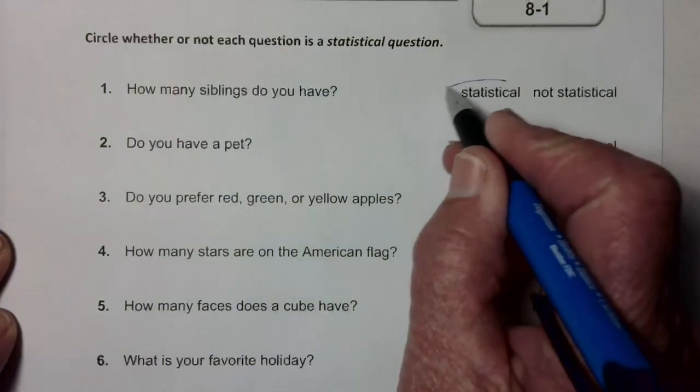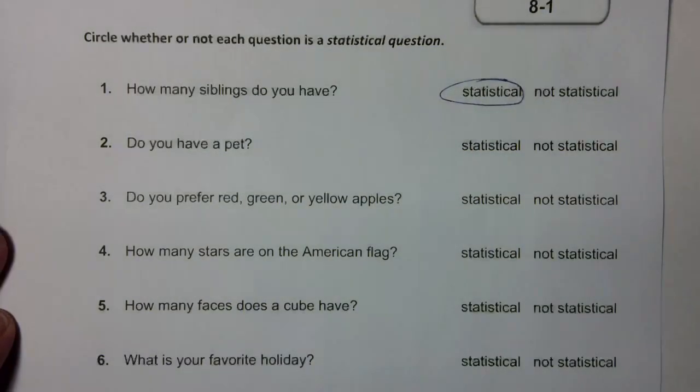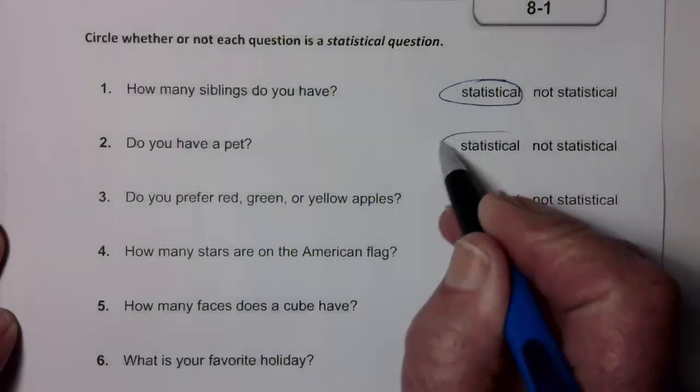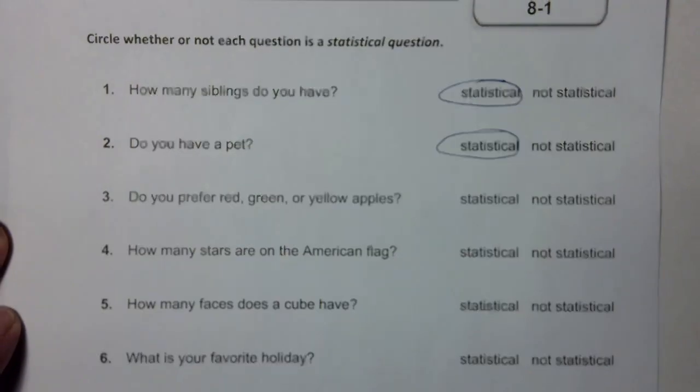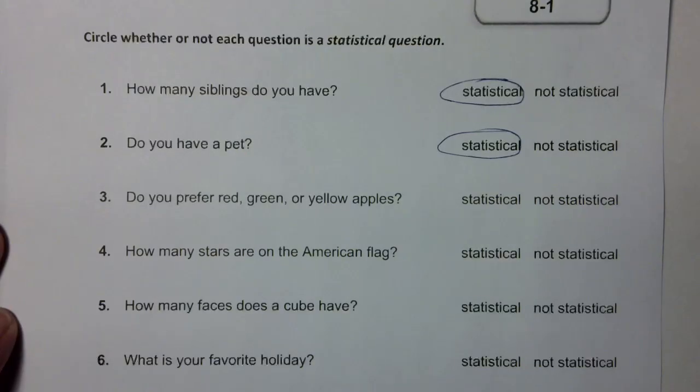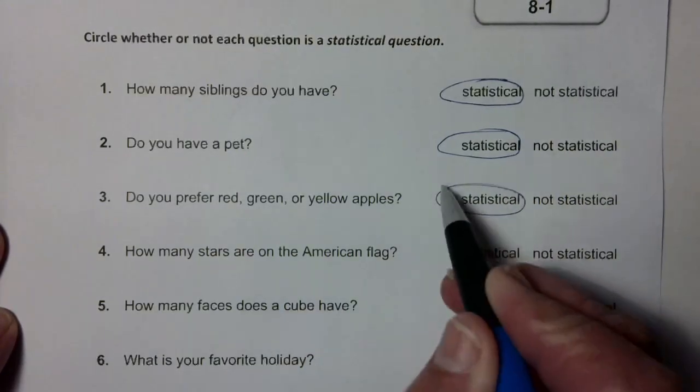Well, it would be statistical because nobody has the same, or very few people have the same. And do you have a pet? We're asking our class, do you have a pet? Someone's going to have 1, someone's going to have 2, that would be statistical. Do you prefer red, green, or yellow apples? That's got more than one answer. That's statistical.